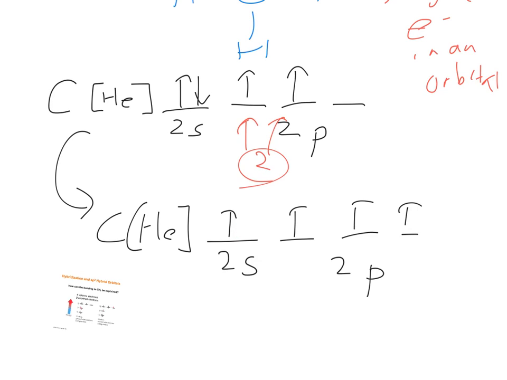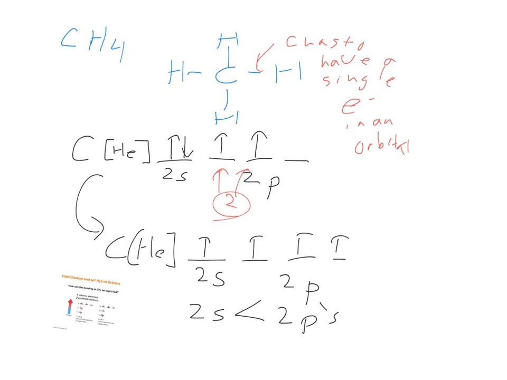Remember, the 2s orbital has less energy than the 2p orbitals. So we would be forming 4 bonds with carbon if this happened, but one of these bonds would be significantly less energy than the other. And when we examine methane, we know that all 4 bonds are of equal energy. So that can't quite tell the story.